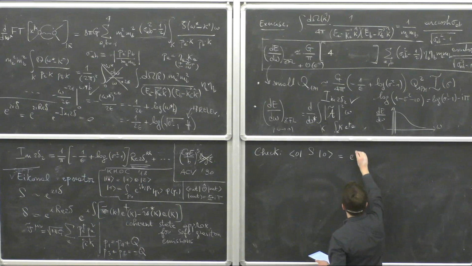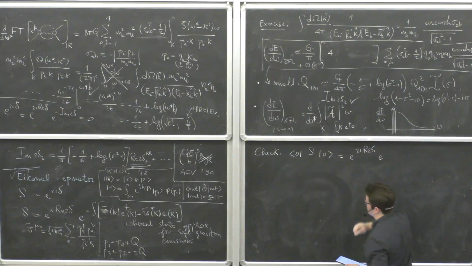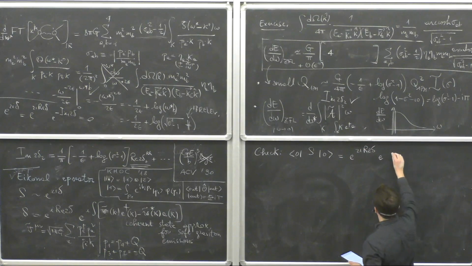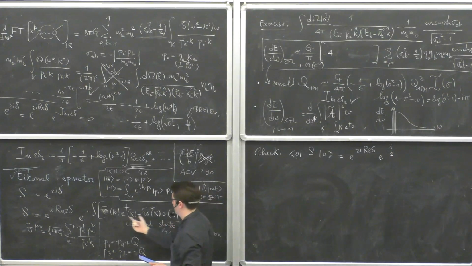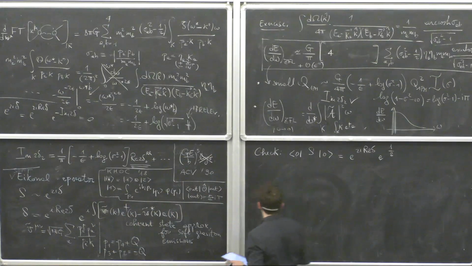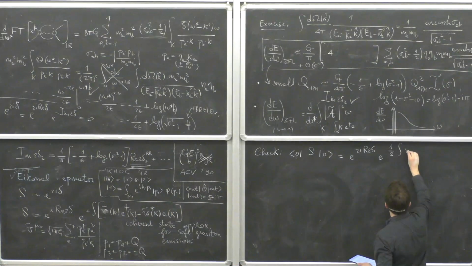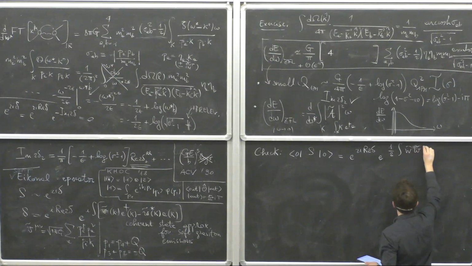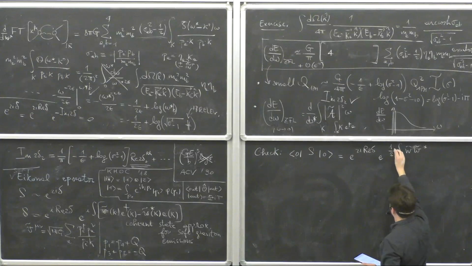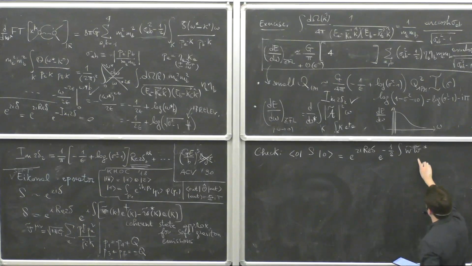So then we get e to the 2i real part of delta, e to the, you would get 1/2. And then from the integral of the commutator, since the commutator effectively localizes one of the two integrals that you have, you get precisely the integral of the w squared. So w star. And I think there should be probably also a minus sign here.